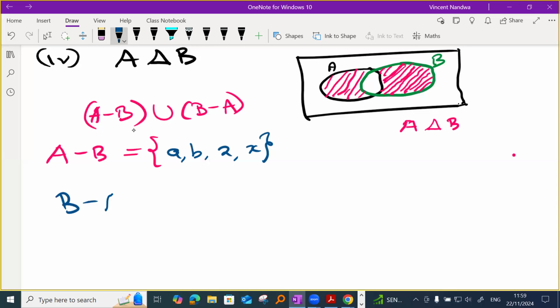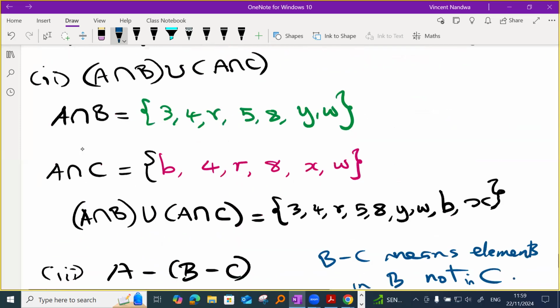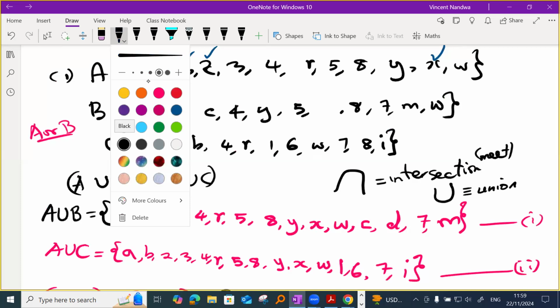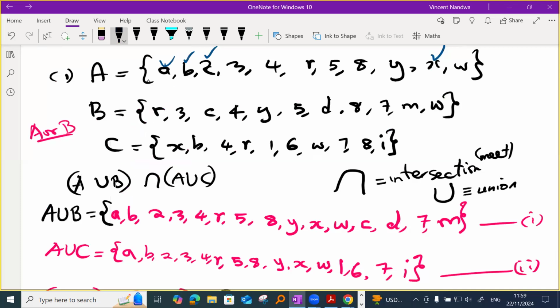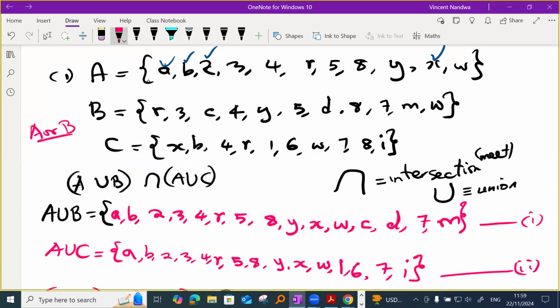Then B minus A. B minus A now means we are in B and we compare with elements of A and pick only elements which are in B but not in A. So B becomes the starting point, okay? Coming back here, delete this first. After 5, we'll have d. So r, can you see r in A? 3, c.